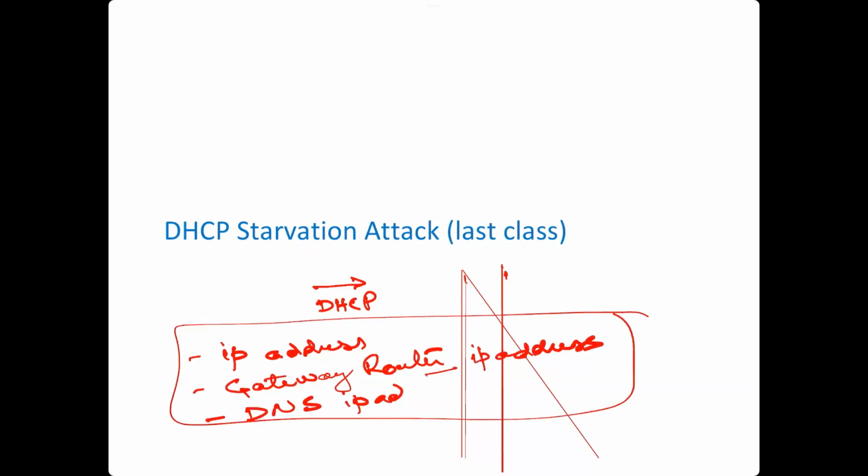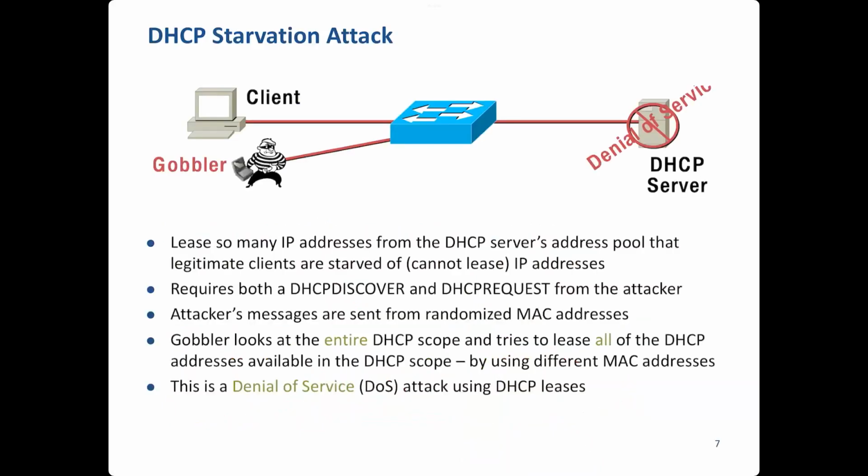Now the protocol for that, as we have seen, uses broadcast. So anybody on the net can see that and anybody can respond. As a result, a lot of manipulations can happen.